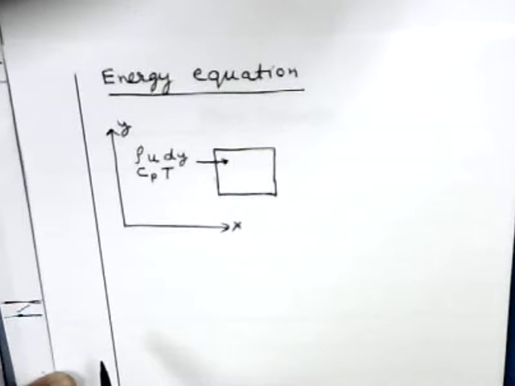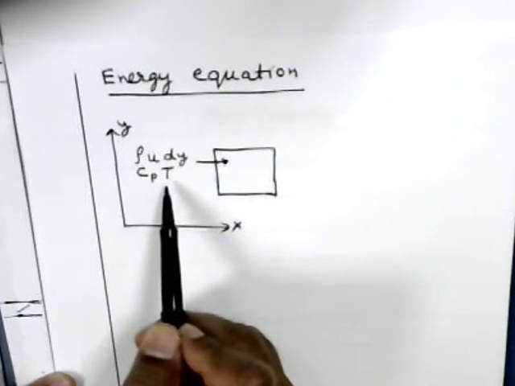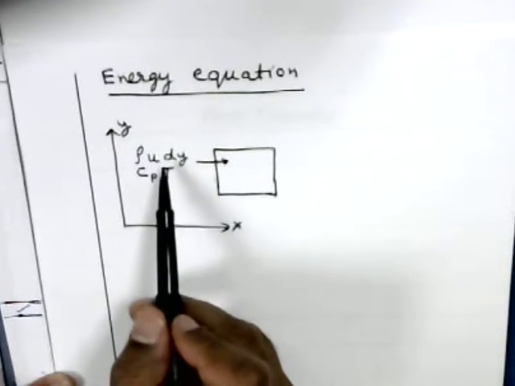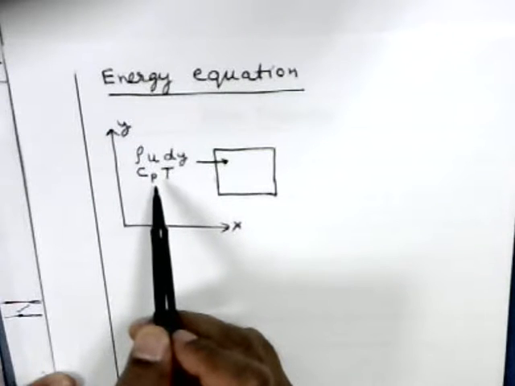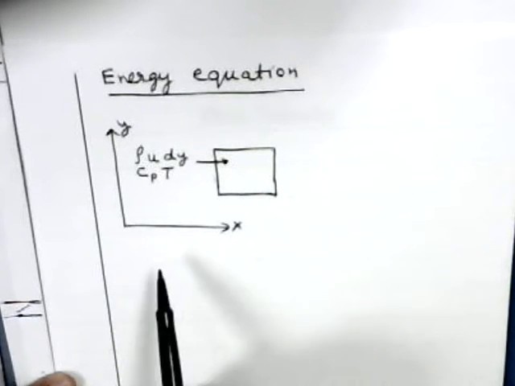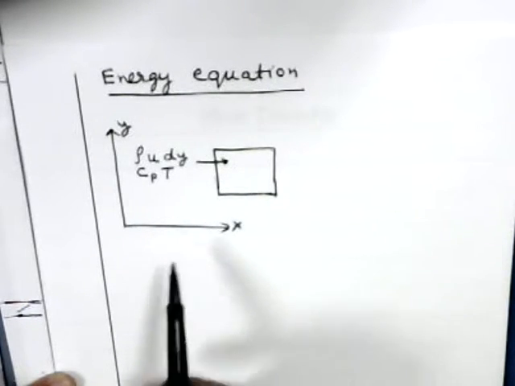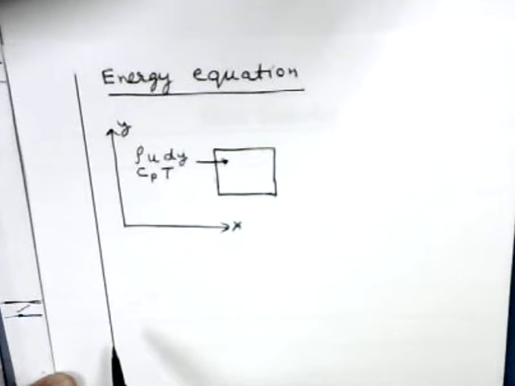And you remember from fluid mechanics and thermodynamics, when we say enthalpy, we have included the internal energy and also the work done by the pressure forces. Because enthalpy is U plus PV, where U is internal energy and PV represents the work done by the pressure forces. So this is enthalpy that is advected into the control volume.